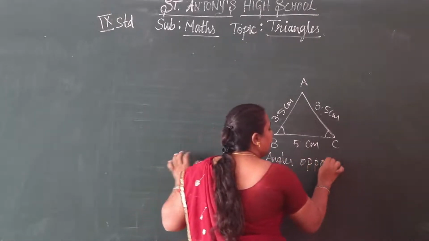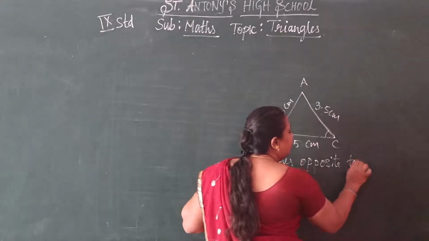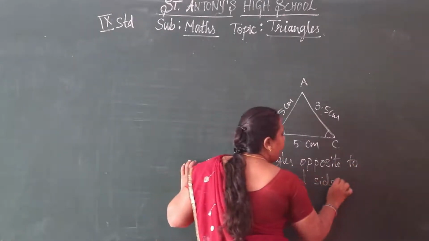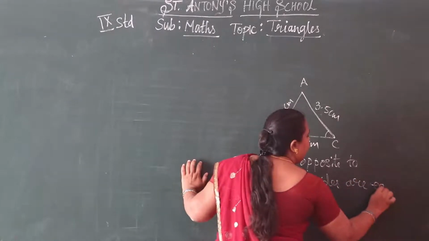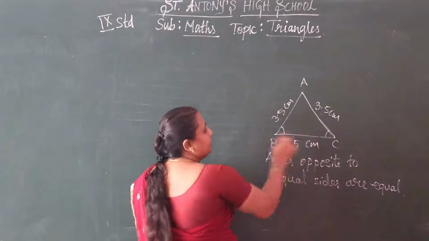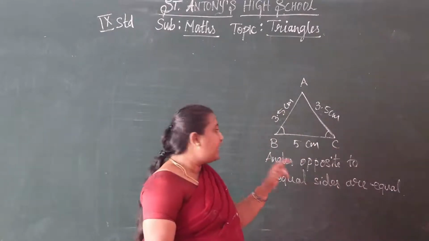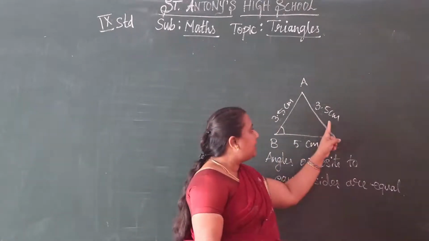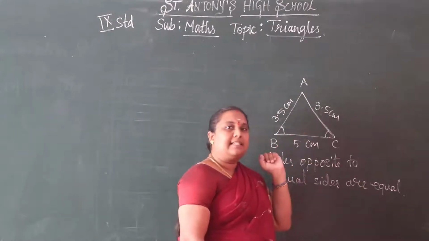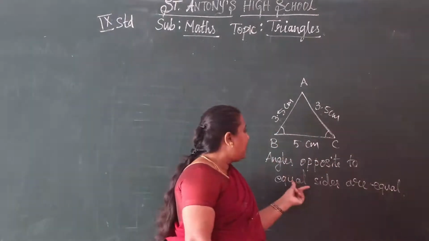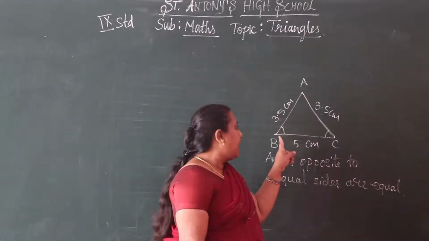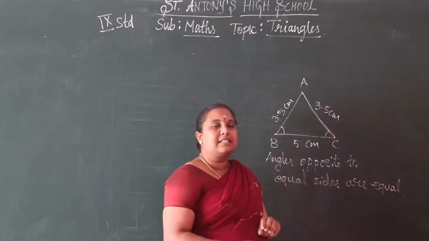We can say AB equals AC means angle B equals angle C.